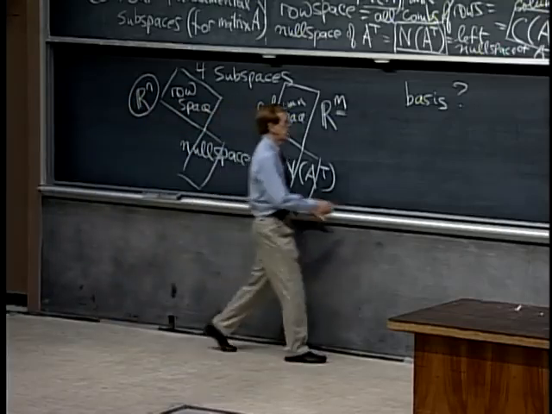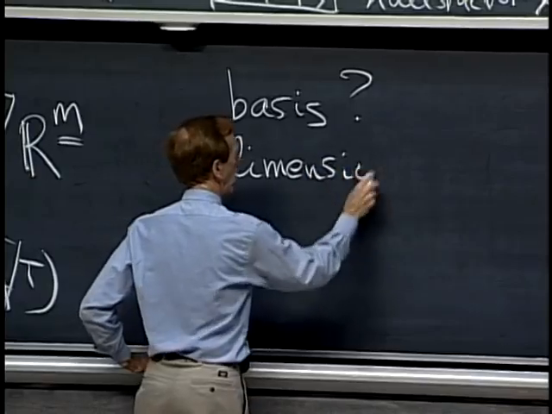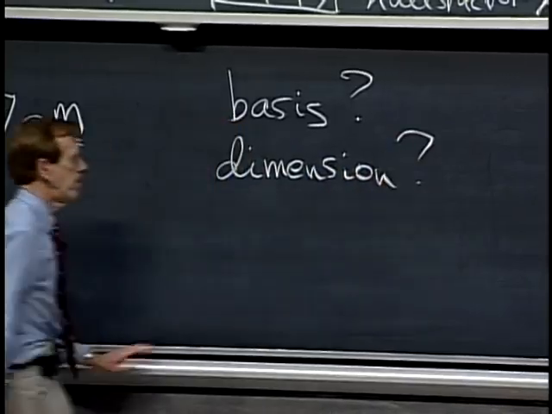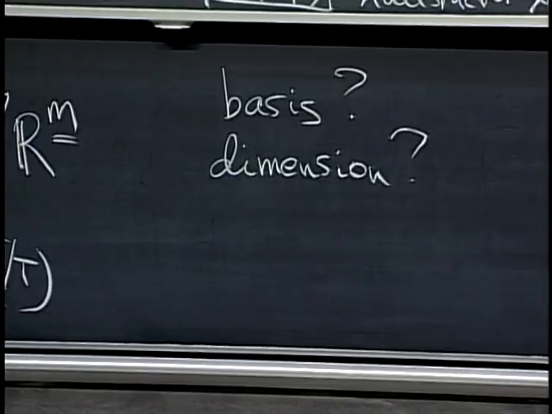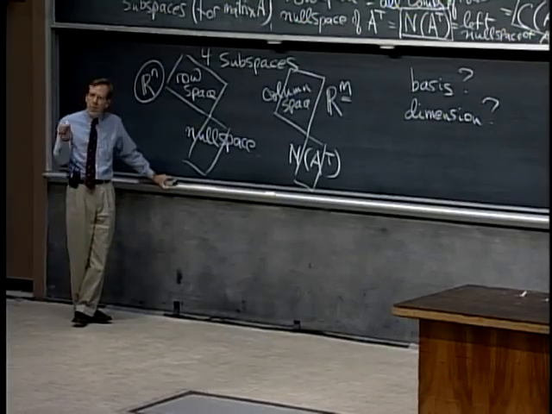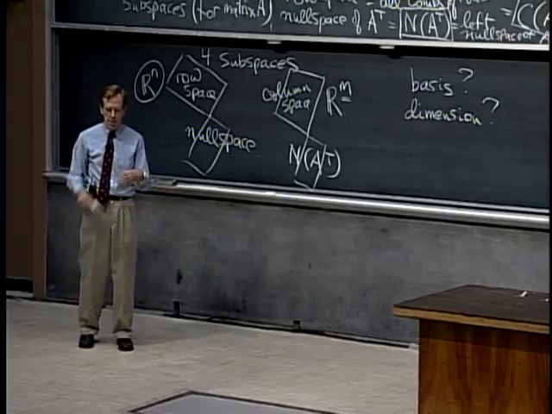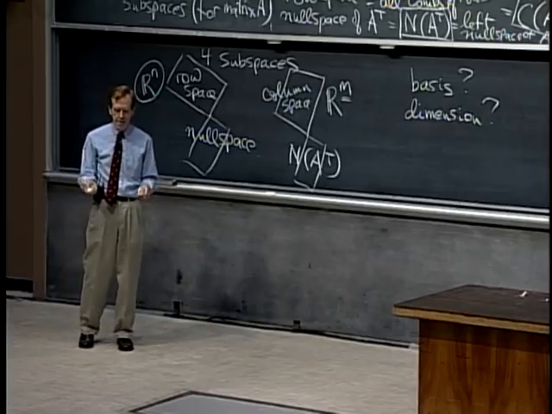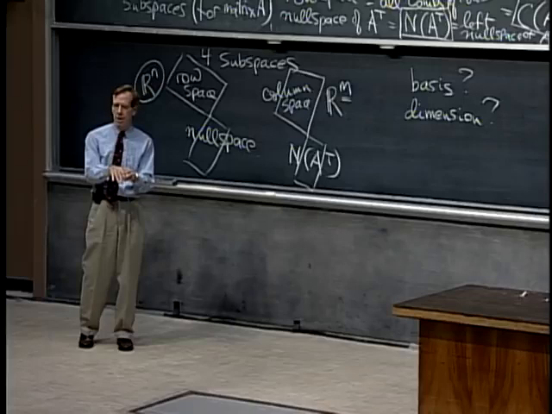And what's their dimension? So for each of the four spaces, I have to answer those questions. How do I produce a basis? Which has a somewhat long answer. And what's the dimension? Which is just a number, so it has a real short answer.